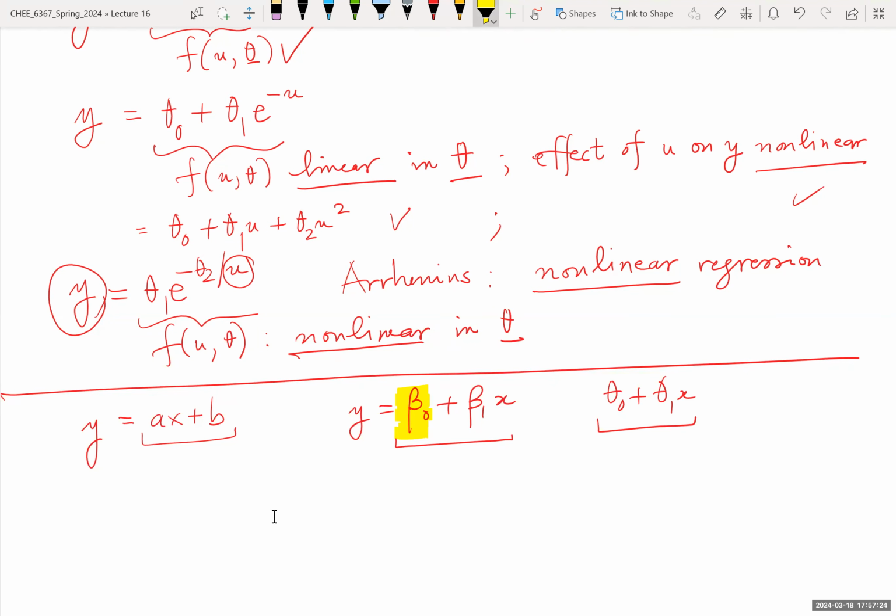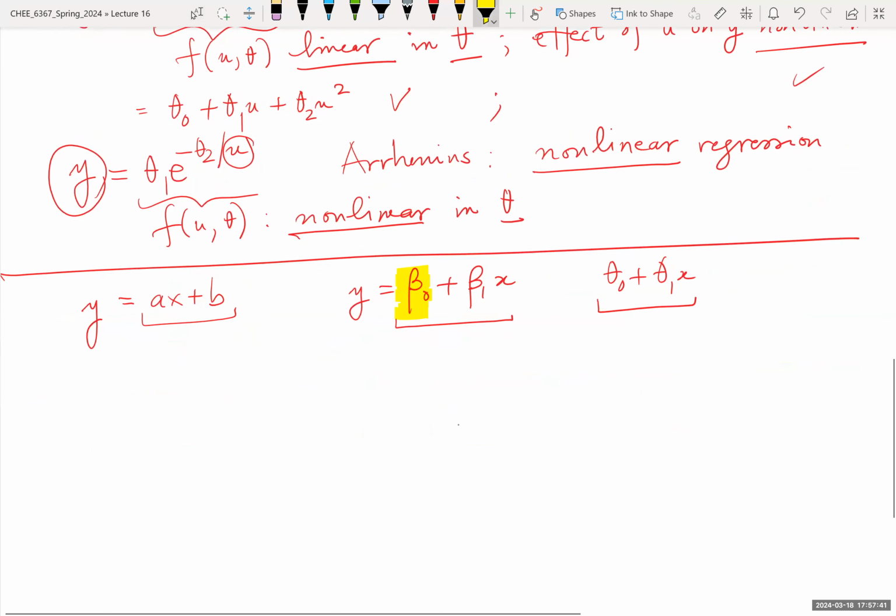But the important part is what is beta 1? What is the effect of heat rate on temperature? So people worry about beta 1, and then there may be typically more terms around, maybe x squared, exponential, and so on.